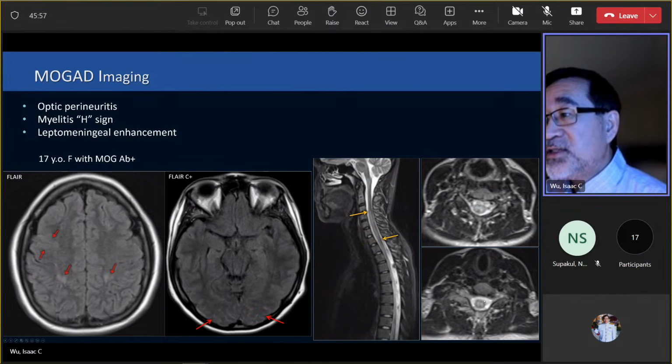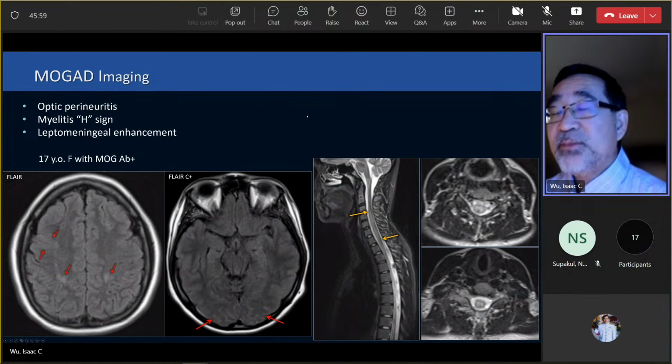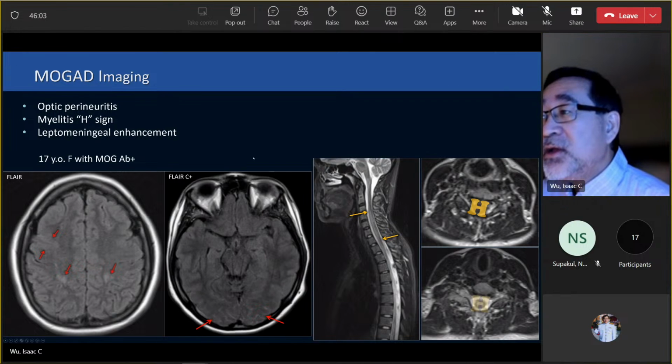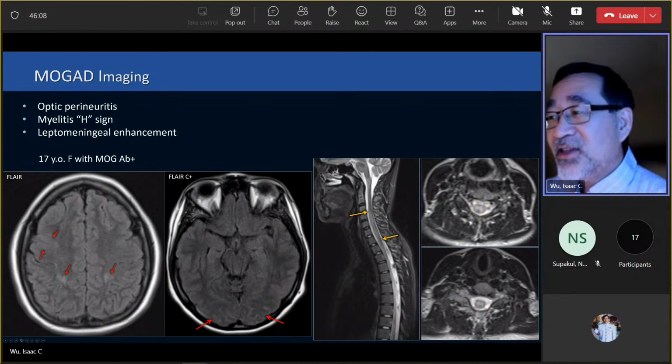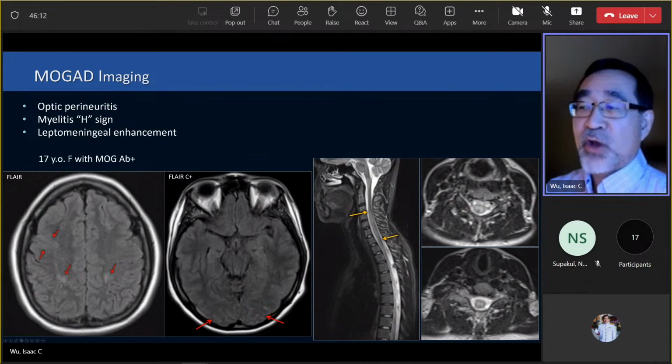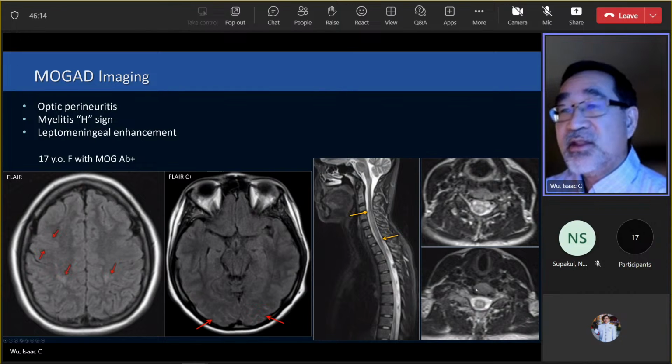And here, this is the best example I can find in real life that looks like the so-called H sign. Sometimes you just have to use your imagination a little bit, but I think it's pretty convincing. I think I can see involvement of just the gray matter, the H, rather than the entire cord, but it is long segmented.